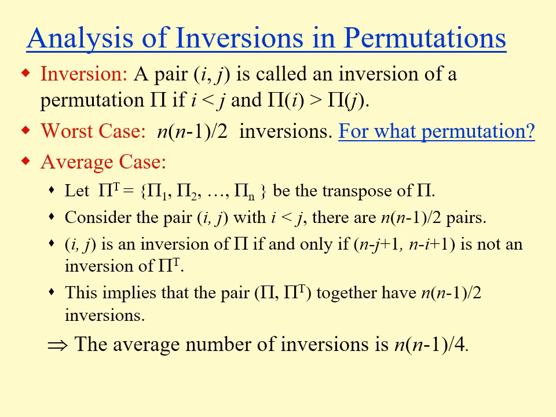Initially i is in the beginning, j is in the end. But after permutation, or after sorting, you assign a new order. The new order changes their relationship: pi i is larger than pi j. That means you will rank the ith element at the end, just after the jth element.